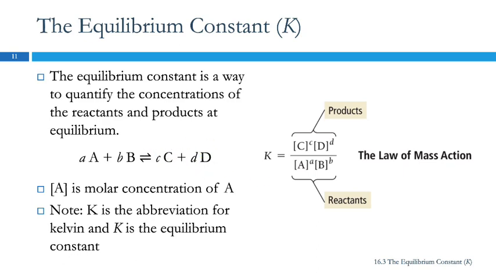So we do the products on the top, the reactants on the bottom. It's the concentration of the products, each raised to a power equal to their coefficient. So if it's a 1, you can write the 1 or not. If it's a 2, it'll be squared. 3, it'll be cubed, etc. And then in the denominator, we have the reactants. And of course, there could be more or fewer reactants or products, but that's the general form.